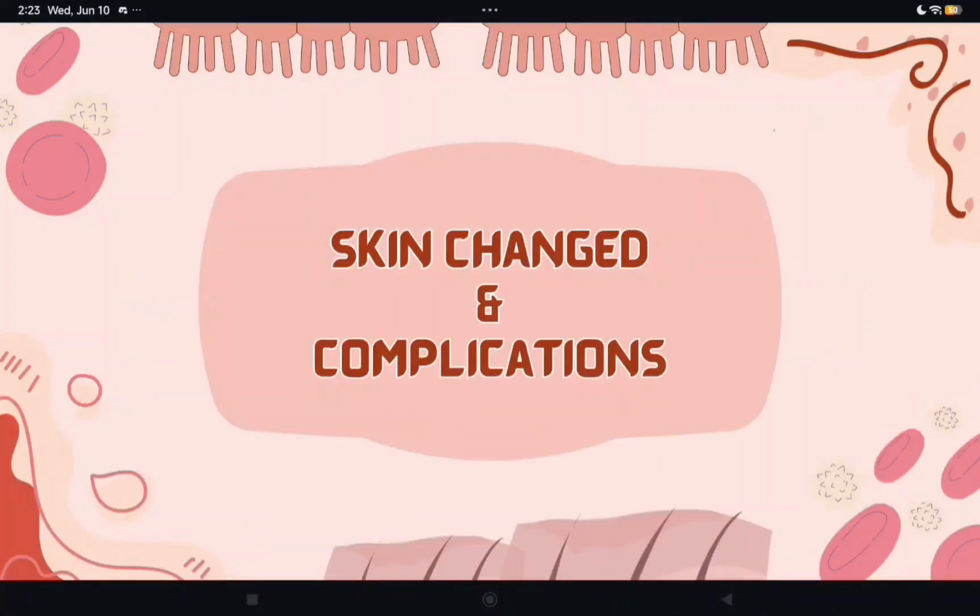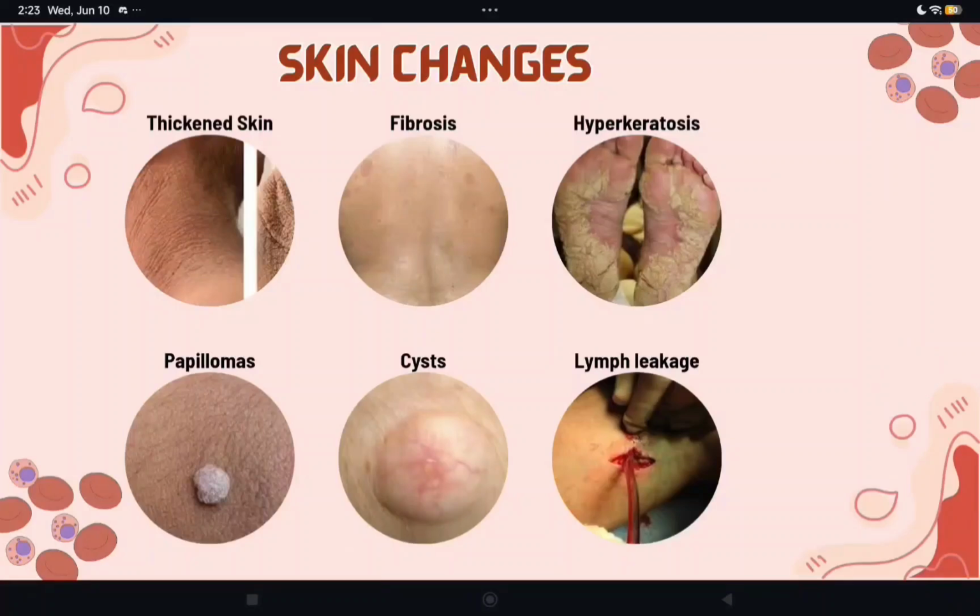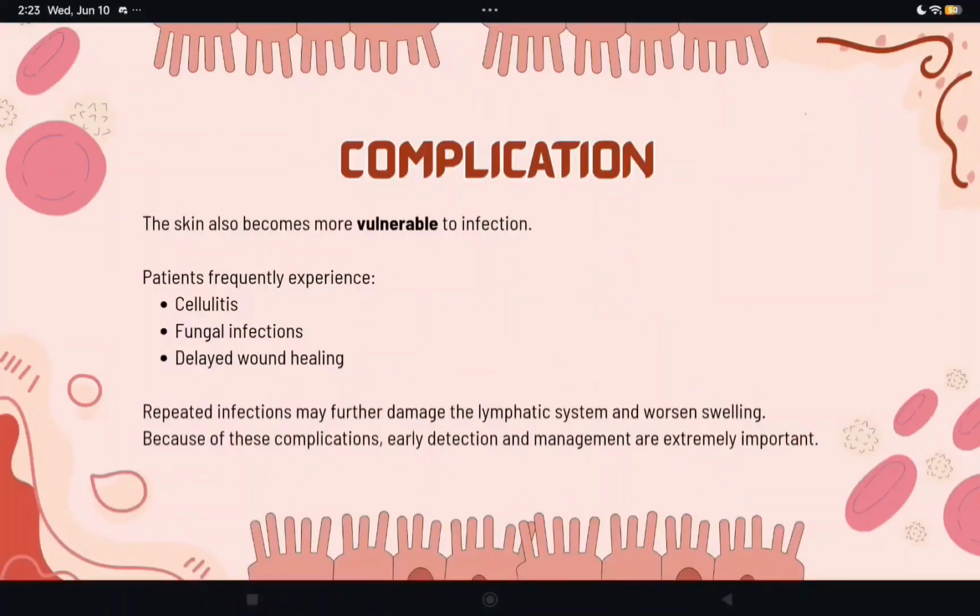Now, skin changes and complications. Long-standing lymphedema can cause significant skin changes. These include thickened skin, fibrosis, hyperkeratosis, papillomas, cysts, and lymph leakage. The skin also becomes more vulnerable to infections.